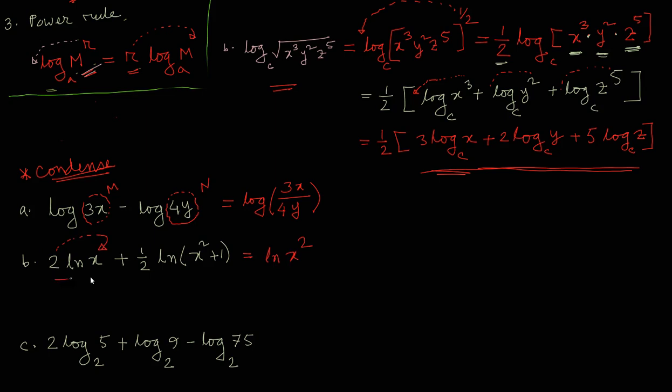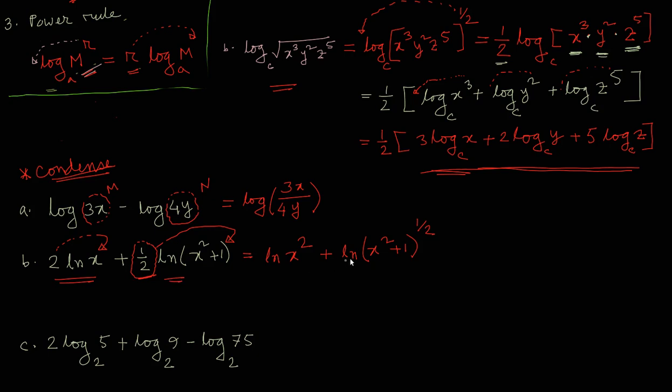Similarly, I have half in front of my logarithm, so I can take half as a power of this quantity. So I can write plus natural logarithm, my quantity is x square plus 1, and the whole thing is going to be power of half.